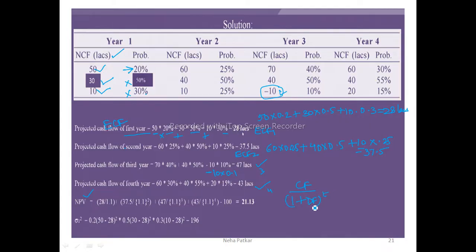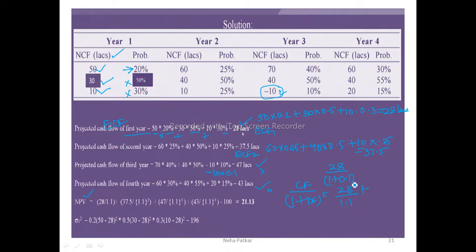So the cash flow of the first year is 28 lakhs divided by 1 plus the discounting factor 10%, that is 0.1, so 28 divided by 1.1.